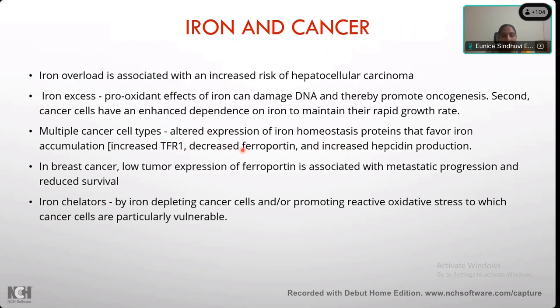Thereby they keep on taking in more iron, and it is useful for their survival. Several gene expressions of iron-related proteins have been associated with survival. And chelating iron has been used to promote oxidative stress, to which cancer cells are particularly vulnerable.